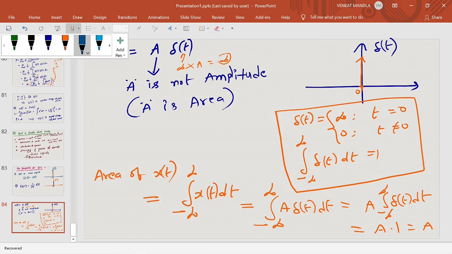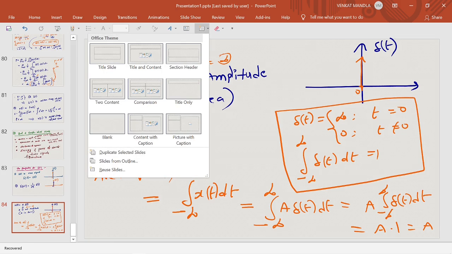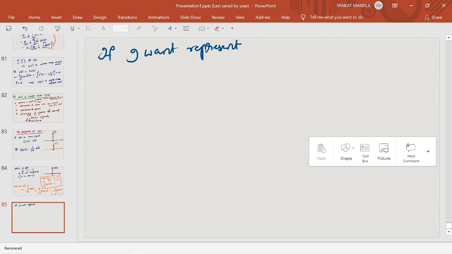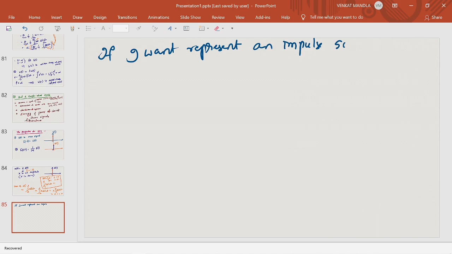Next, if I want to represent an impulse signal with area A, then how to represent it?